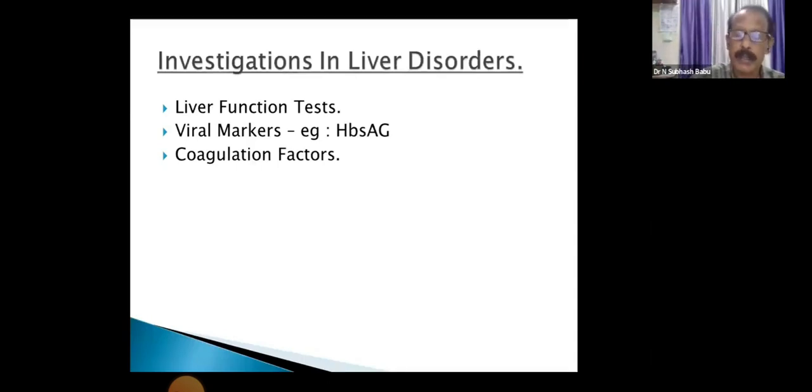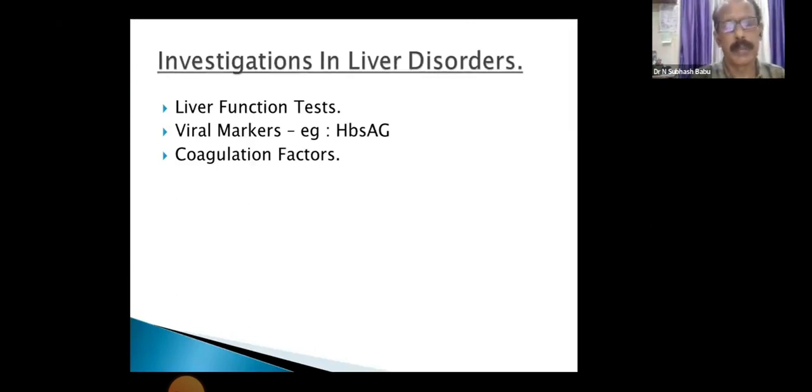So synthesis of protein and the prothrombin. Protein means albumin, globulin, and all these things. Generally, we can say protein synthesis, and the components of proteins will be reported separately. Among the protein, albumin is very important. So we have to supplement the albumin, or we have to give wheat and milk.